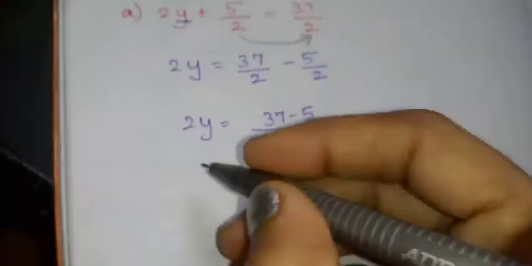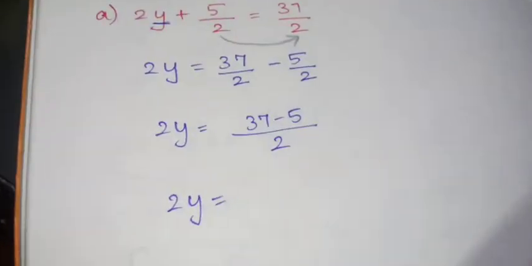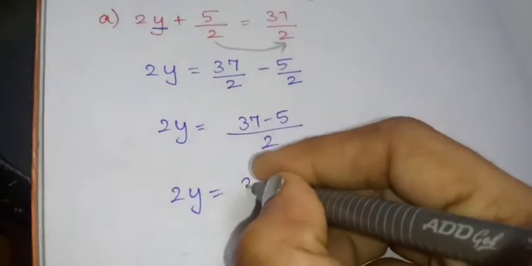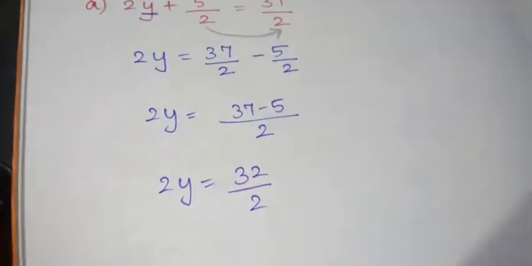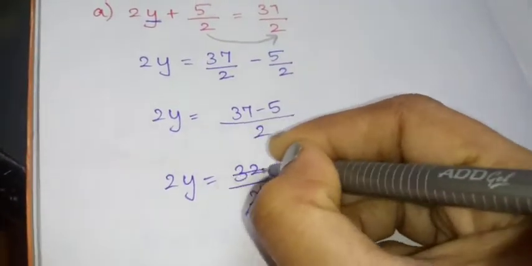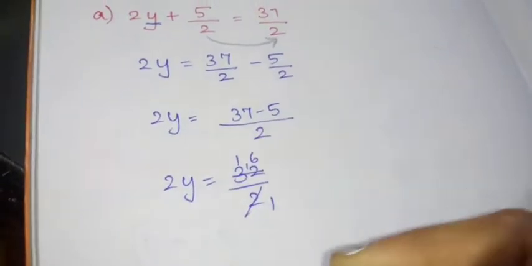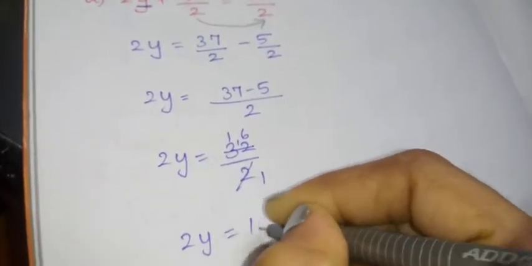So 37 minus 5. 2y is equal to 37 minus 5, which is 32, divided by 2. Now shall we cancel? 2 times 16. So 2y is equal to 16.